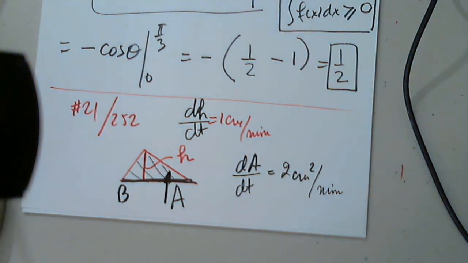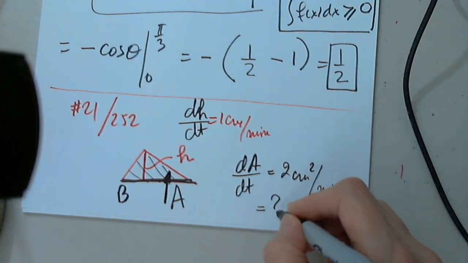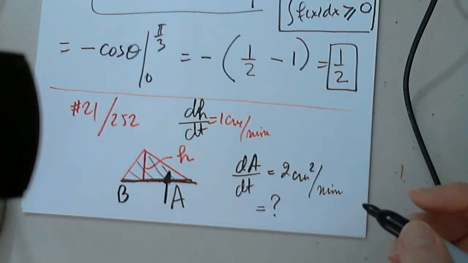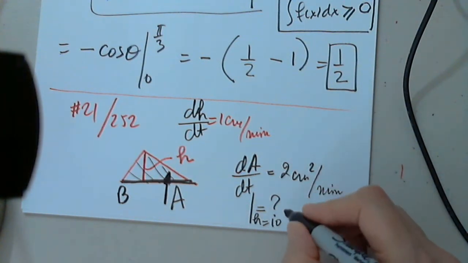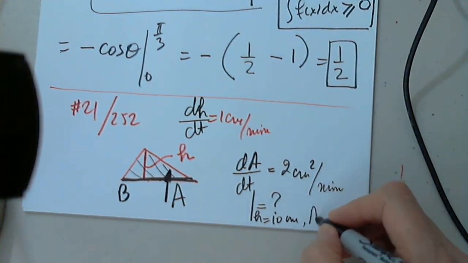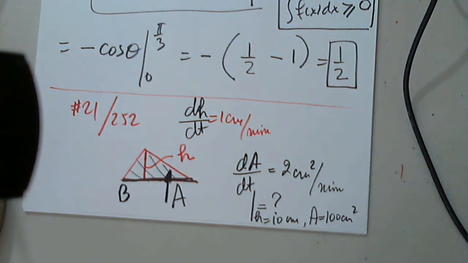At what rate is the base of the triangle changing when the altitude is 10 centimeters and the area is 100 centimeters squared?